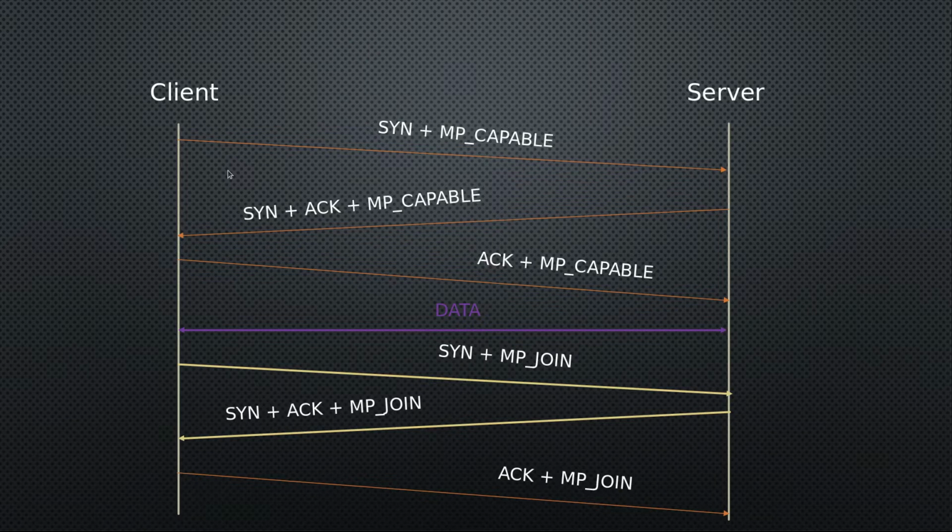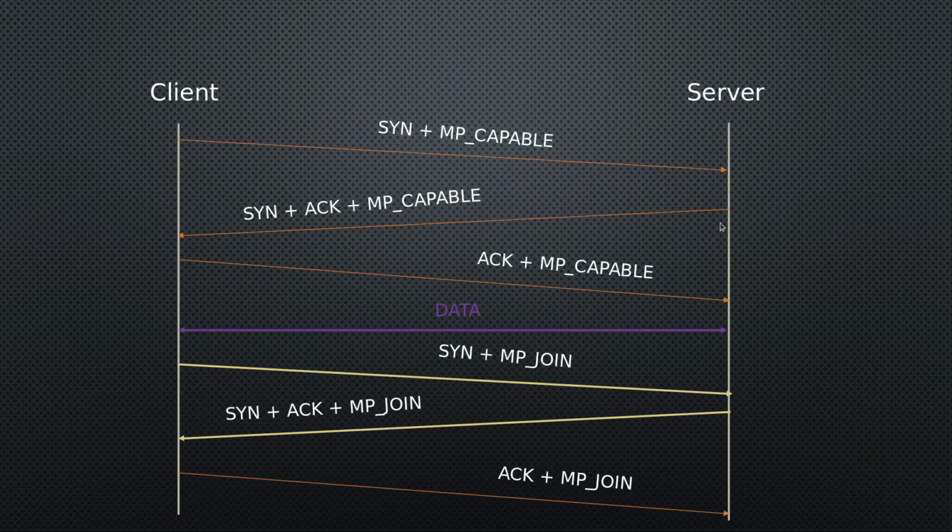In the next step, if the client wants to establish another connection, for example, your mobile phone was using only Wi-Fi, now it wants to have LTE and it wants to use the MPTCP protocol to access the server by using Wi-Fi and LTE at the same time. In this case, the client sends a SYN packet which includes MP_JOIN.